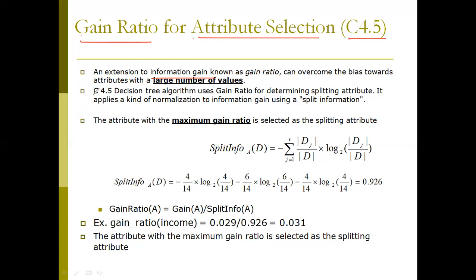Already I have told you the C4.5 decision tree algorithm uses gain ratio for determining the splitting attribute. Okay, to determine the splitting attribute in C4.5 decision tree, we are going to use the gain ratio measurement, right?